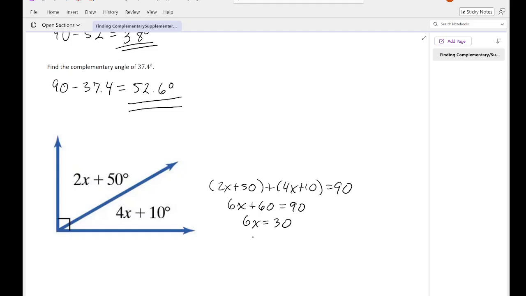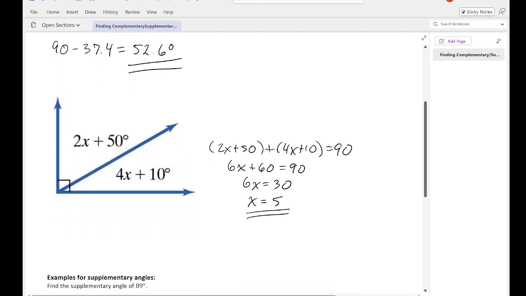Divide by 6. X equals 5. But that doesn't really help me, because I need to know what these two angle measurements are. Take 5, what x is, plug it in for x here and here, work it out, and we're going to get our angle measurements.